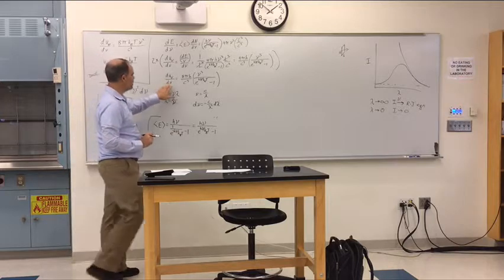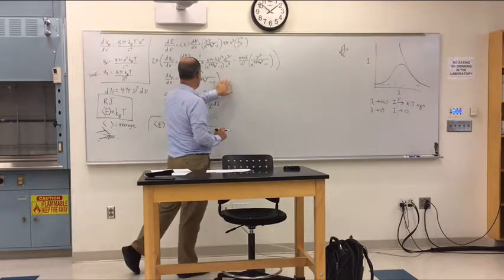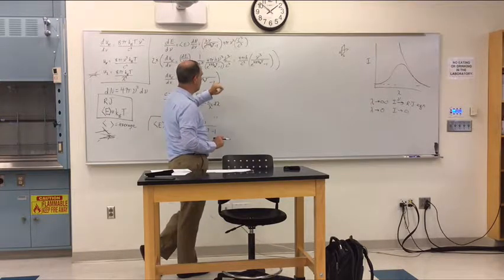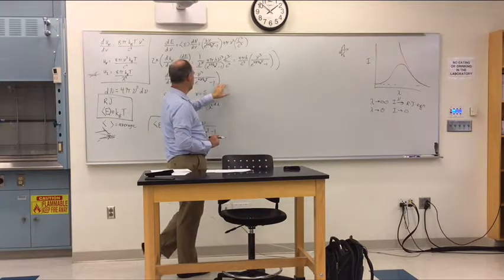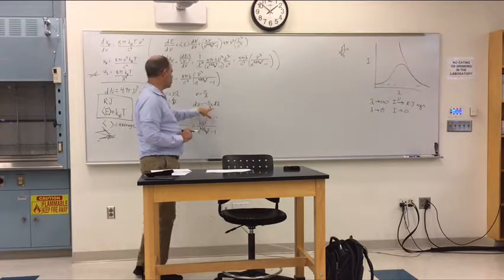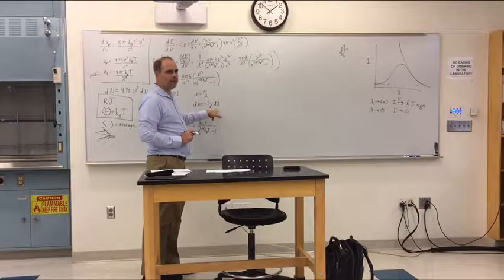Okay, so when we move this to the other side, to come up with the equation that we're going to end up graphing, we have this additional term that we need to use because we are switching from frequency to wavelength.